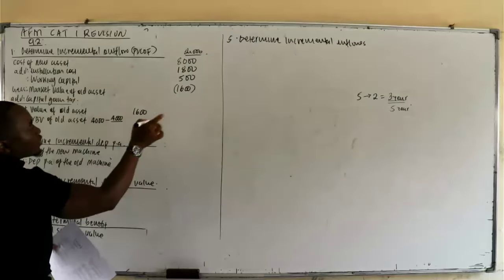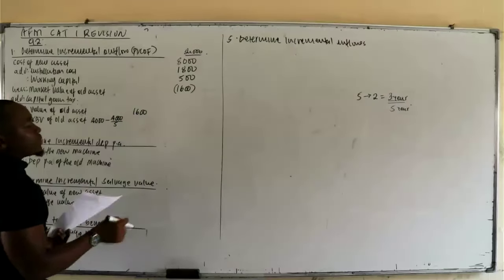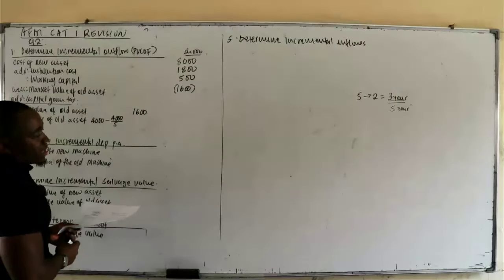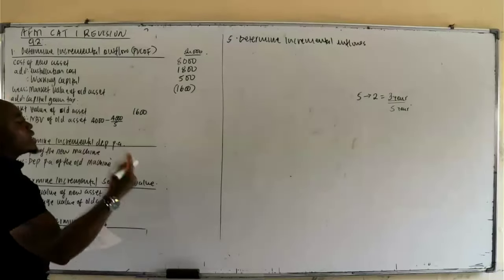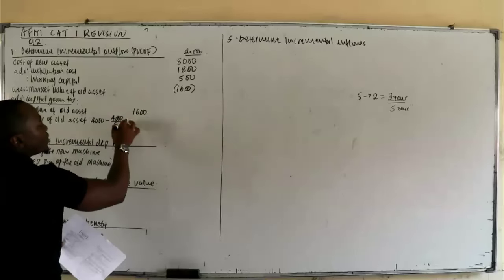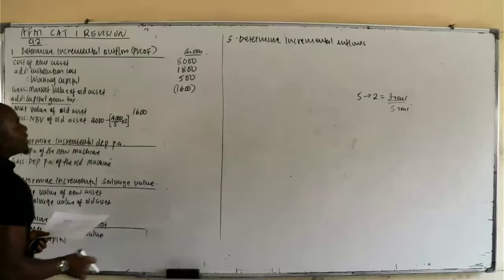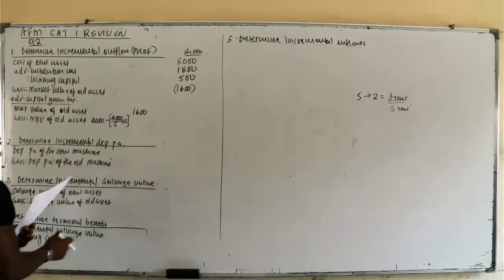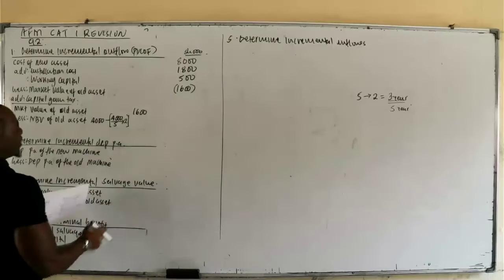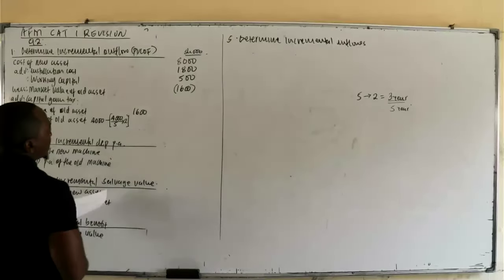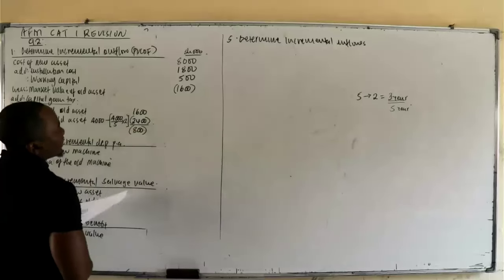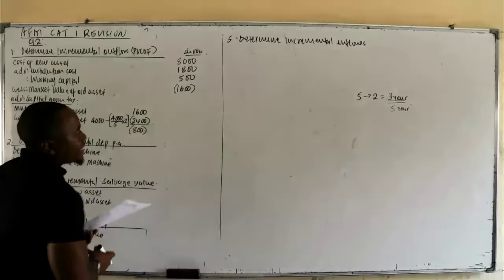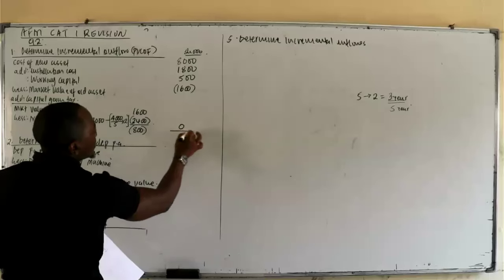The estimated economic life was 5 years, so that we get depreciation per annum. But we are told that this machine was acquired 2 years ago, so you multiply by 2 to get the accumulated depreciation. So we take 4 minus the accumulated depreciation, and you get 2.4. So that means we are going to sell it at a loss of 800. At a loss, we don't pay any tax. Therefore, the capital gain tax will be 0.